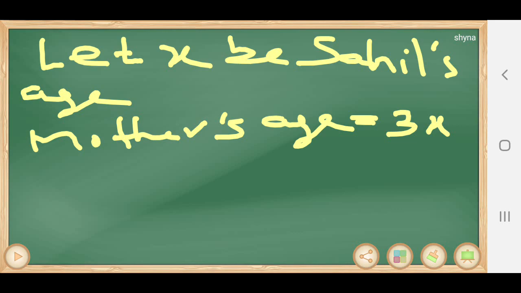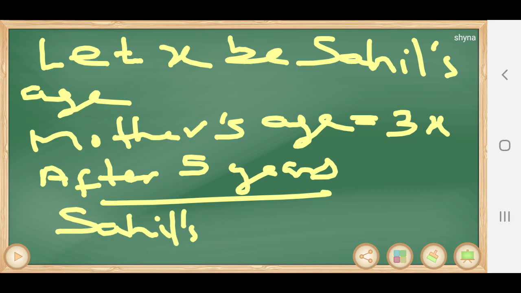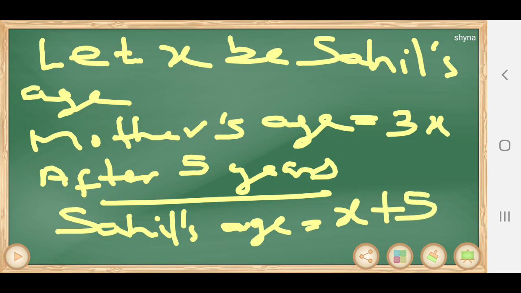This is the present age of Sahil and mother. After 5 years, what will be Sahil's age? Sahil's age, now x, after 5 years will be x plus 5.